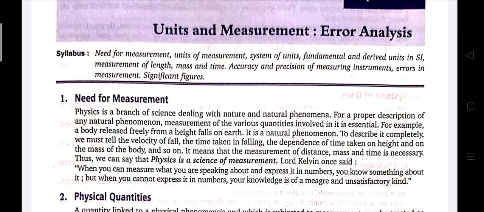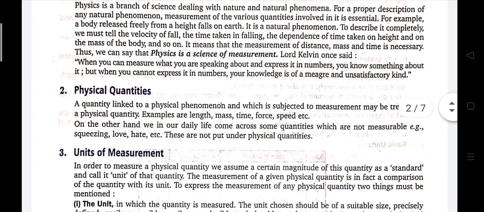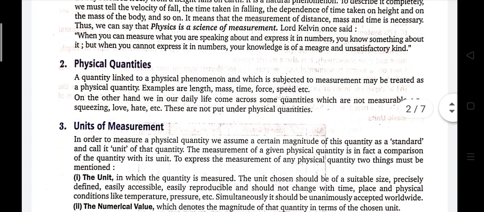Then we come to the next topic, physical quantities. So what is a physical quantity? A quantity that is linked to physical phenomena and which is subjected to measurement may be treated as a physical quantity. Examples: length, mass, time, force, speed, etc. These are all physical quantities. They are all linked to physical phenomena.